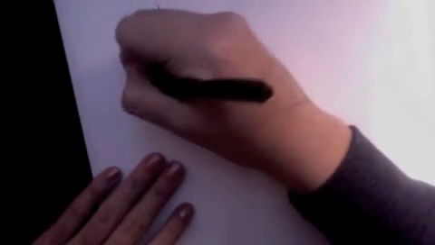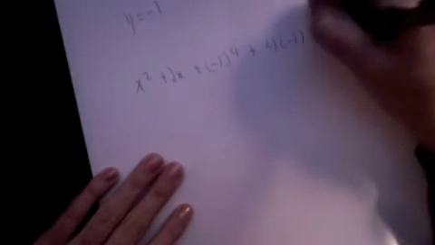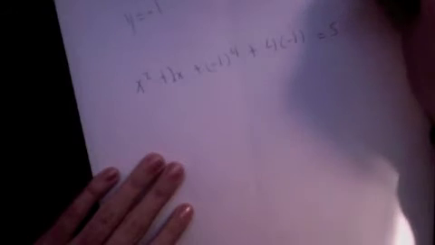So it's x squared plus 2x plus (negative 1) to the fourth plus 4 times negative 1 equals 5.